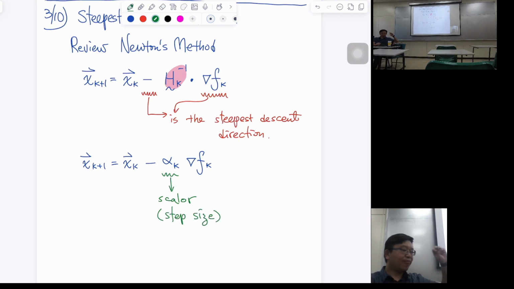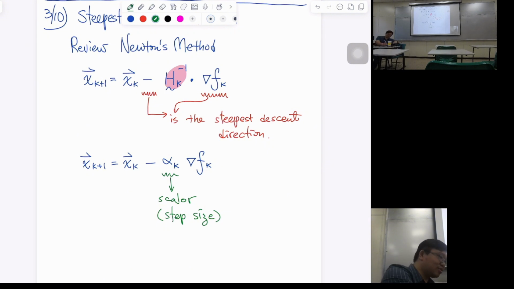For every steepest descent direction, we are going to take one step. But how do you define how far you are going to move forward? We use this parameter alpha to define that. So we call alpha the step size. Okay? Now the issue is, how do we determine the step size? There are many ways. The way I would like to do it is the so-called line search.